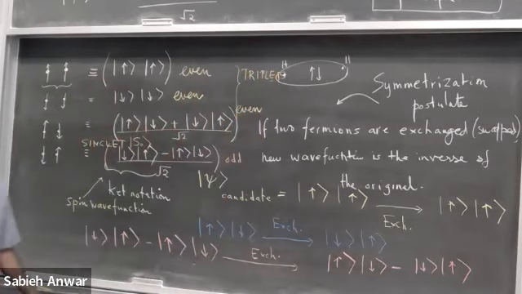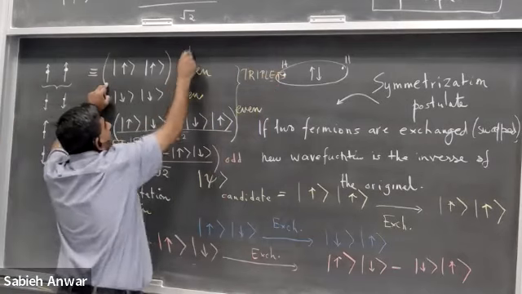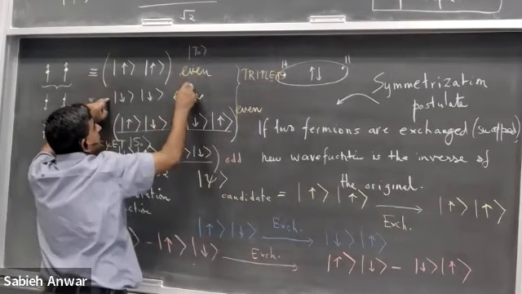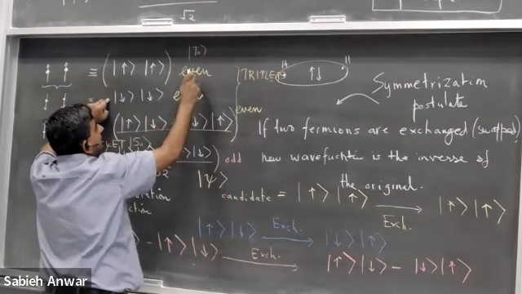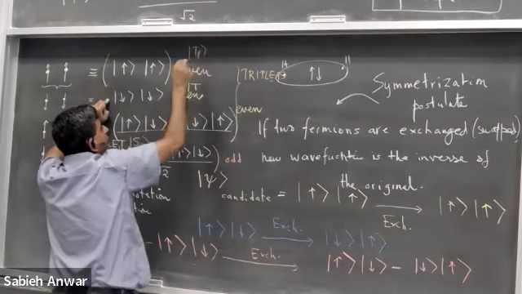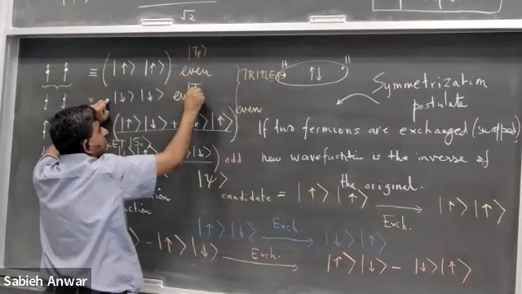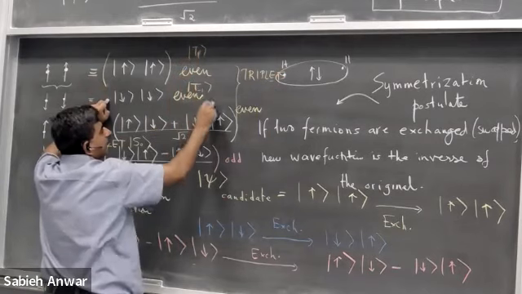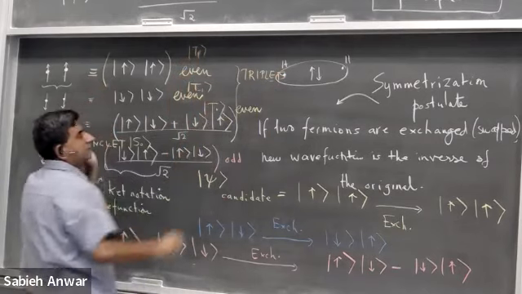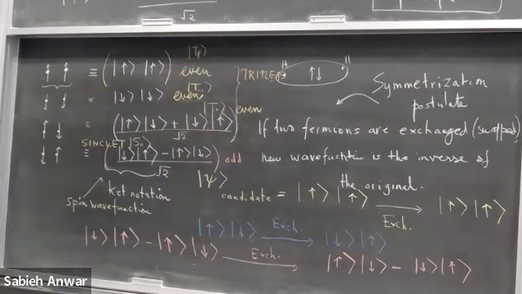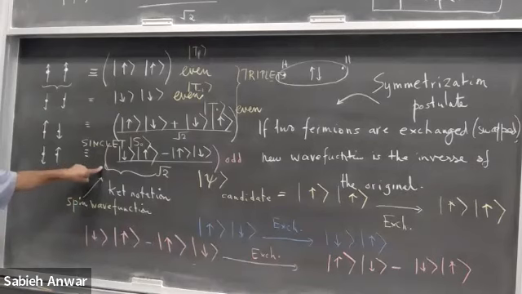The top wave function is called T1. This wave function is called T minus 1, and this wave function is called T naught. These are just labels. So we have a singlet state and three kinds of triplet states.